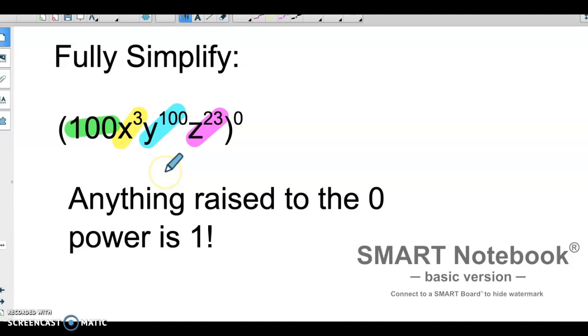All right, this one looks a little bit tricky. We need to fully simplify the expression 100 x cubed y to the 100th z to the 23rd, all raised to the 0. So now we have 3 variables, 3 different bases, and a coefficient, some pretty big exponents, but before we panic, we need to remember that any expression at all raised to the 0 power is 1.